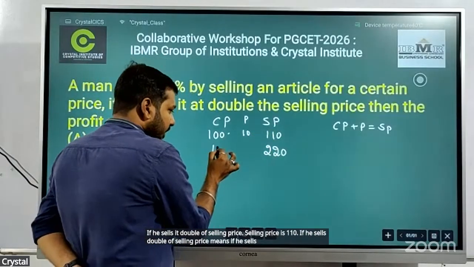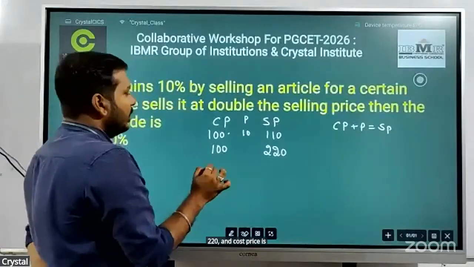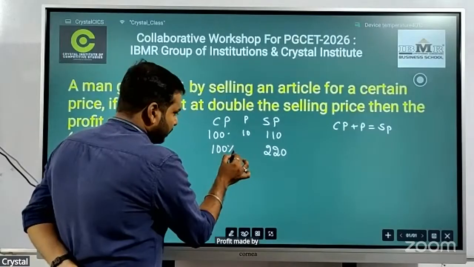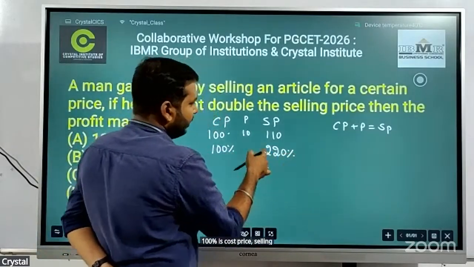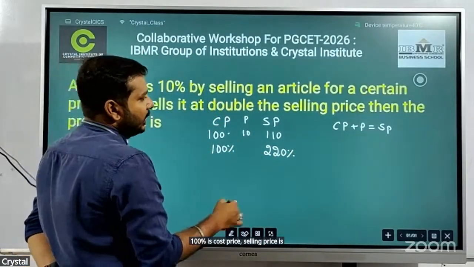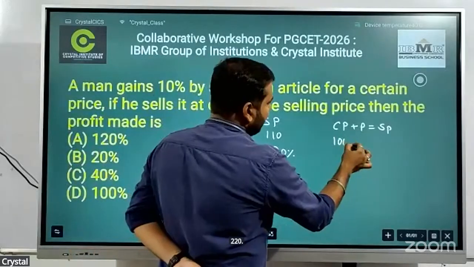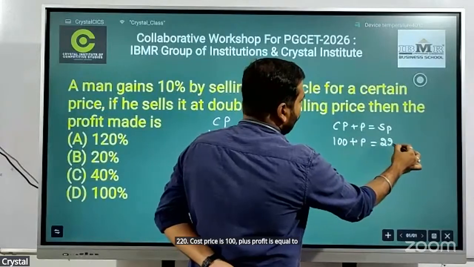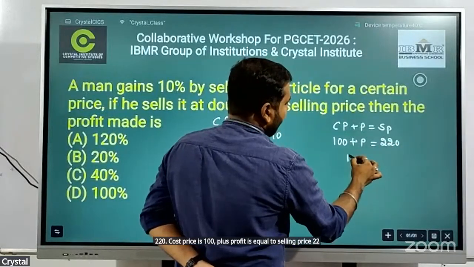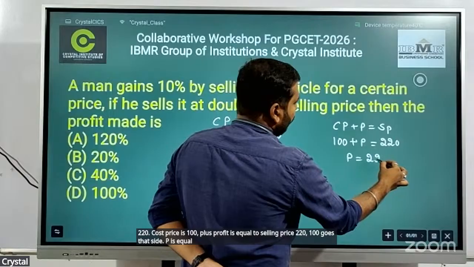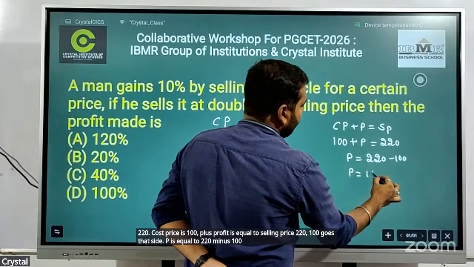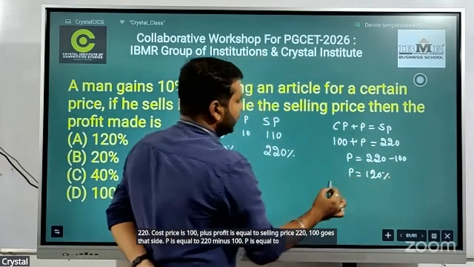220, and the cost price is 100 rupees. Cost price is 100 plus profit is equal to selling price 220. 100 goes that side, so P is equal to 220 minus 100, P is equal to 120%.